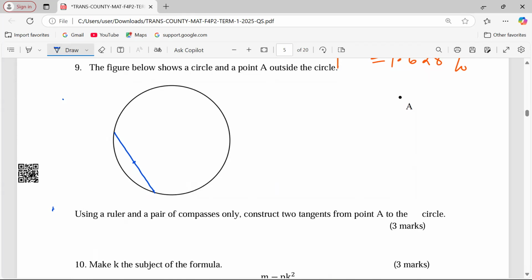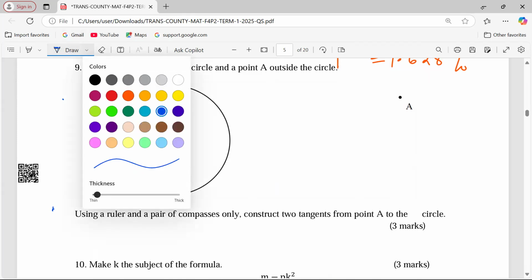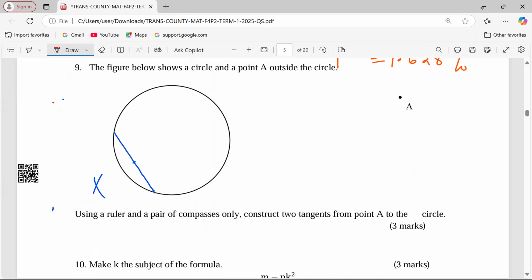Remember, we are using a ruler and a pair of compasses only. So we do a bisection here and we connect through the center. We just prolong this bisector. We bisect a chord, a random chord, a chord that you did not even measure the length. That chord will pass through the center of the circle. So we do that, and we get another chord somewhere, and we also bisect it.